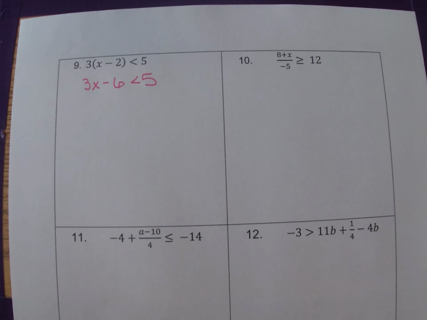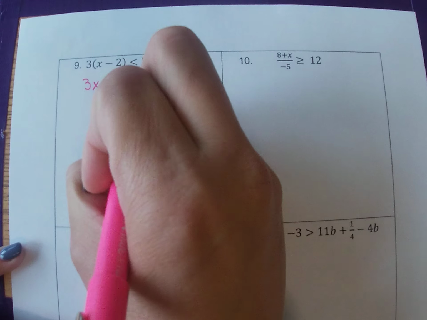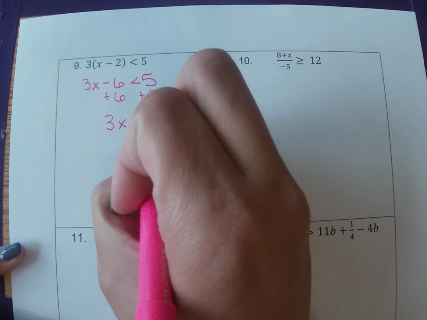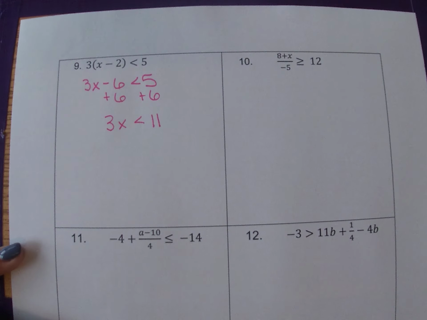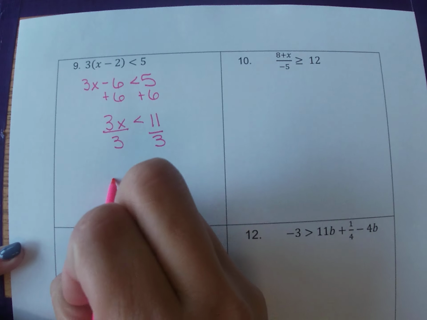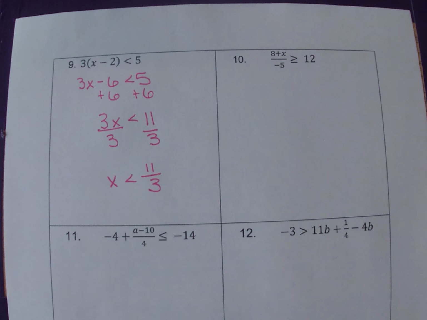Distributing isn't solving. Okay, then we'll undo subtracting 6 by adding 6. And we will undo multiplication with division. None of these are reasons to flip the sign. So I will get x is less than 11/3.